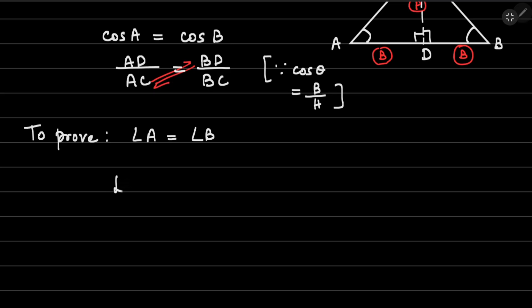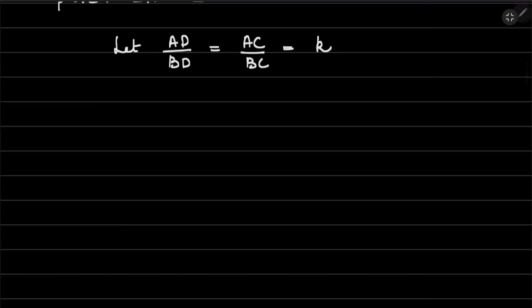So let AD by BD is equal to AC by BC. Let it be a value, say K. So now we can cross multiply. We can write AD is equal to K times BD, and AC is equal to K times BC. Let this be equation 1.